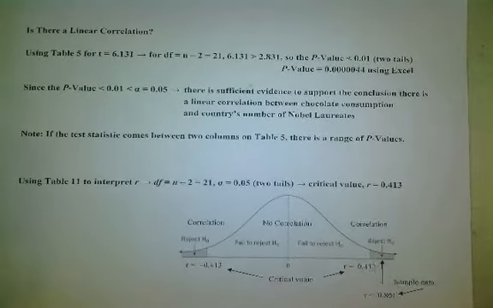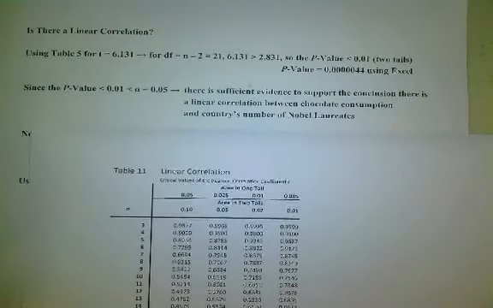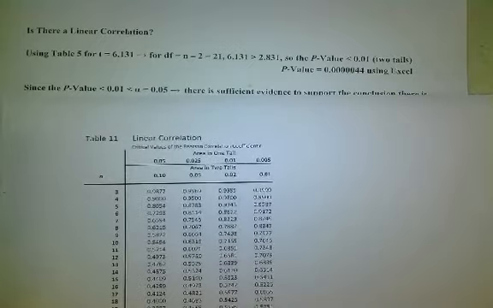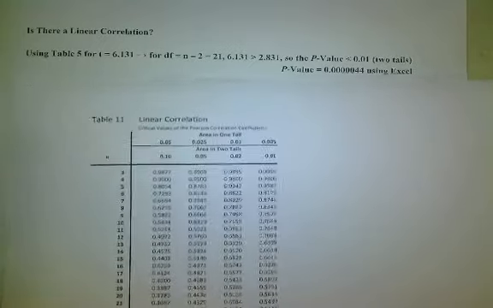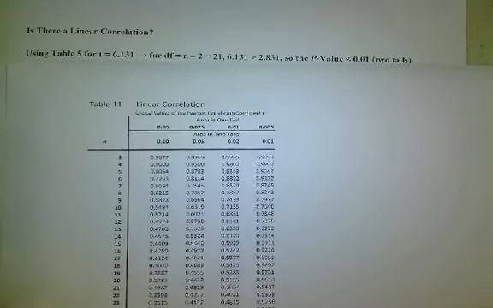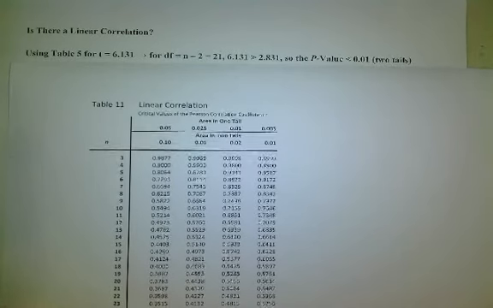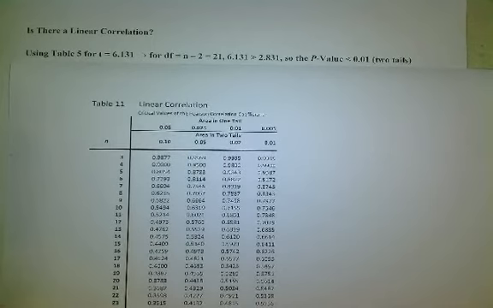Alpha is 0.05 in two tails, and what we're using here is table 11. It's in the back of the book. And so you can see right there at the bottom, N is 21, area in one tail, area in two tails.